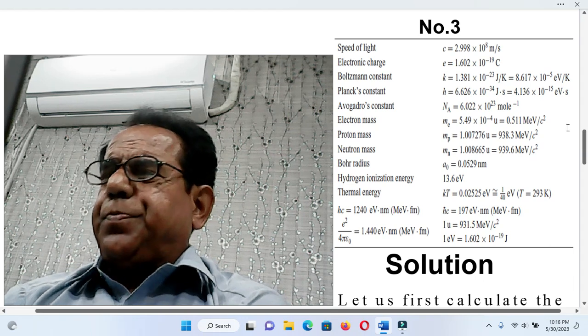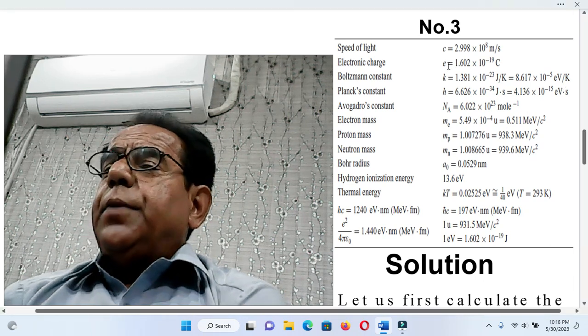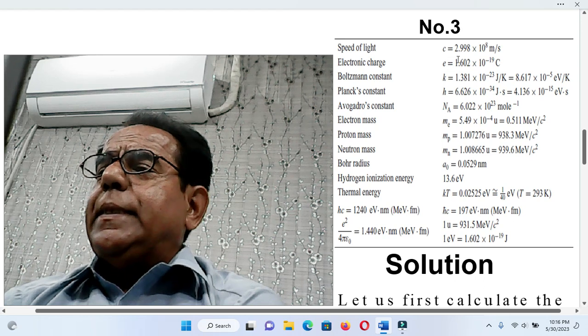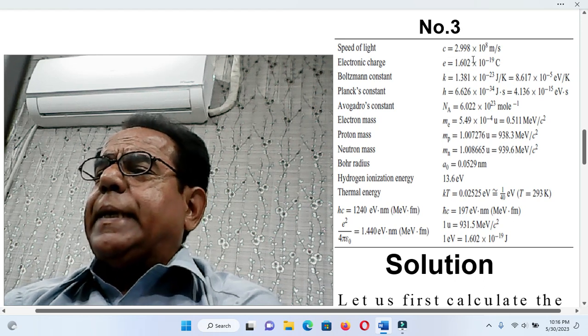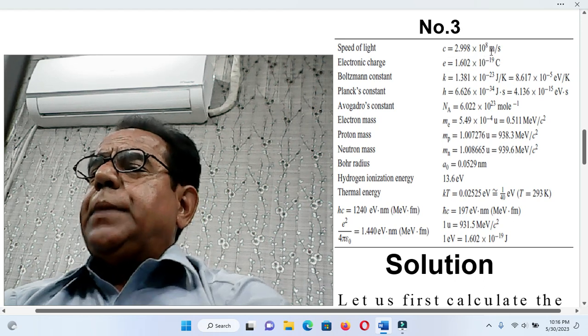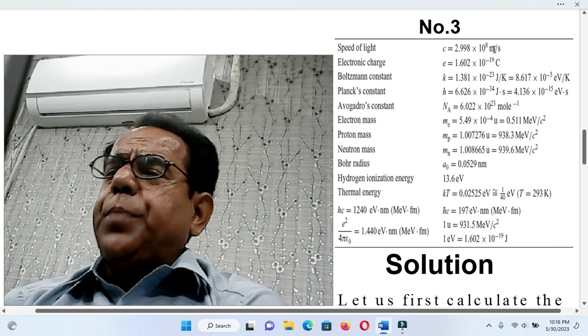Here, the value of speed of light c, which is equal to 2.998 into 10 raised to the power 8 meter per second, will also be used.